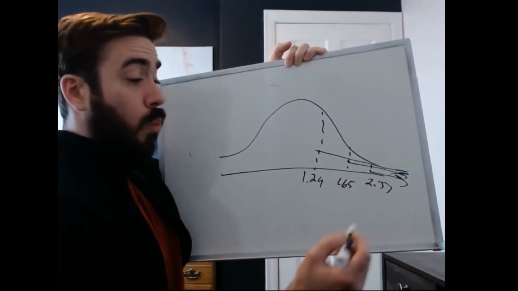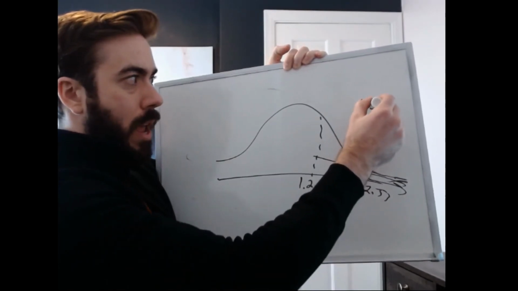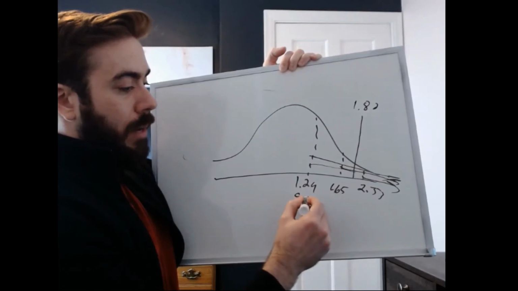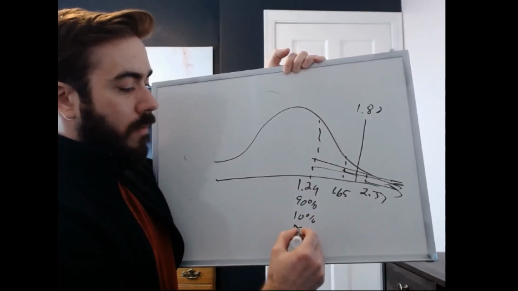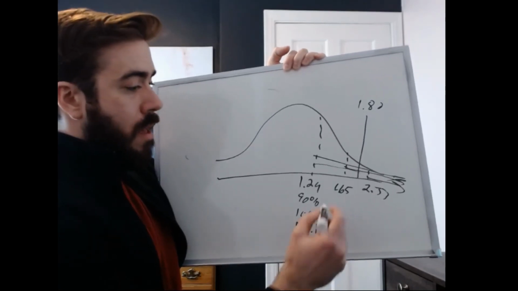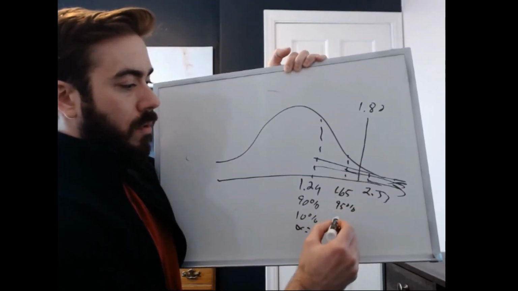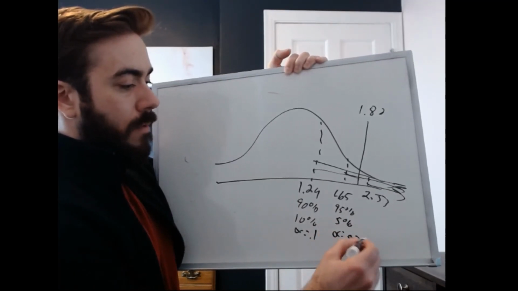Where would 1.8 be? Well, I plot that test statistic of 1.8. It's in the rejection region for the 90% level, or the significance level of 10%, or an alpha of 0.1. It's in the rejection at the 95% level, or 5% significance level, or an alpha of 0.05.